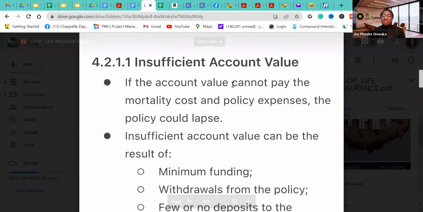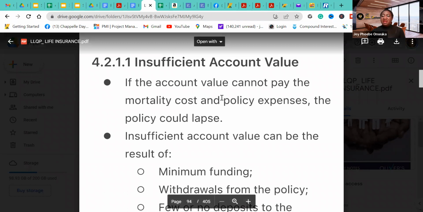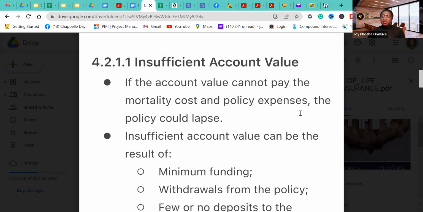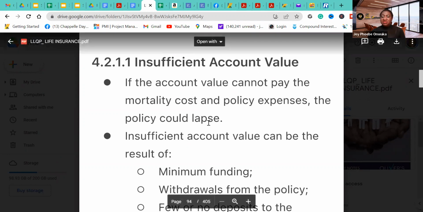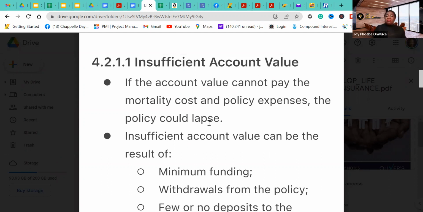Okay. Now, insufficient account value. If the account value cannot pay the mortality cost and policy expenses, then the policy could lapse. When you hear mortality cost, we've explained what mortality cost is. It's the cost of the insurance company paying the death benefit. Remember, people are grouped in different groups based on their age, gender, health condition, and so on.